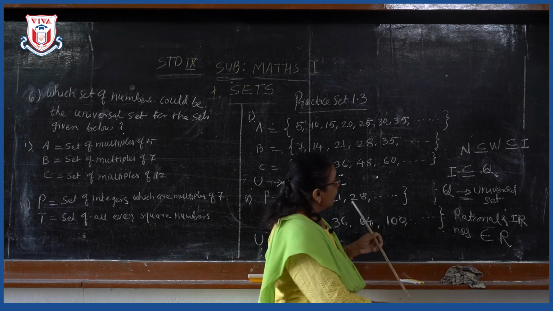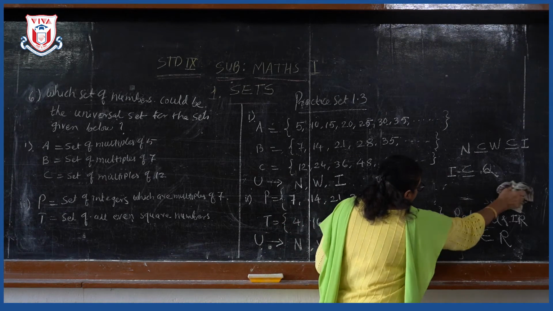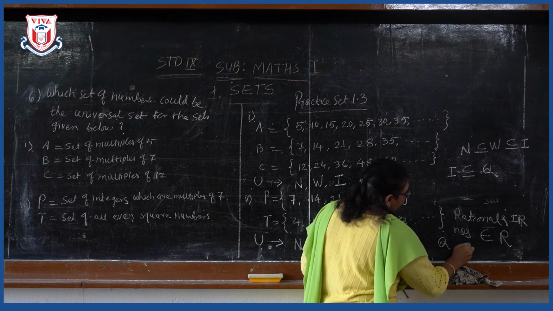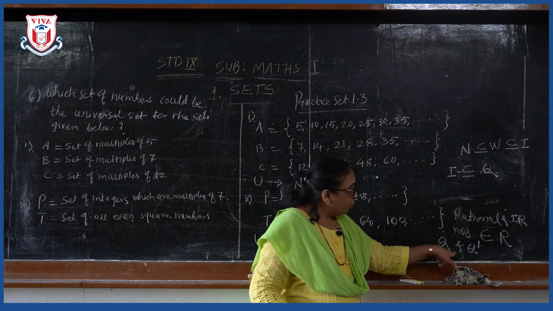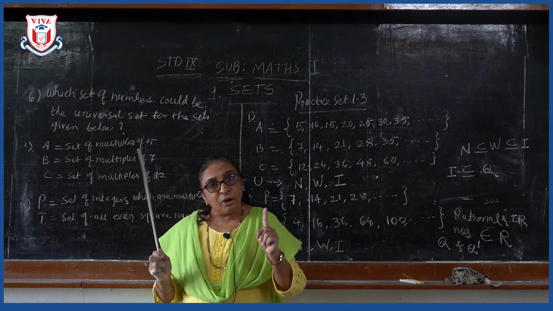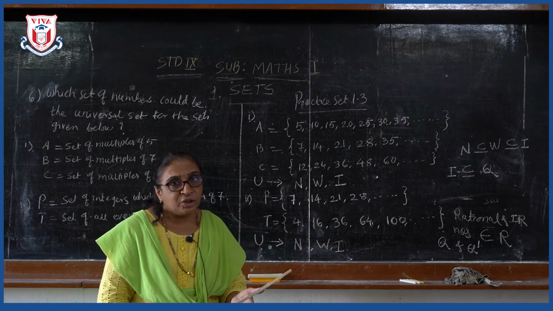That's why here we can say that Q and Q dash, Q means set of rational numbers, then Q dash will be set of irrational numbers, which are the complements of each other.